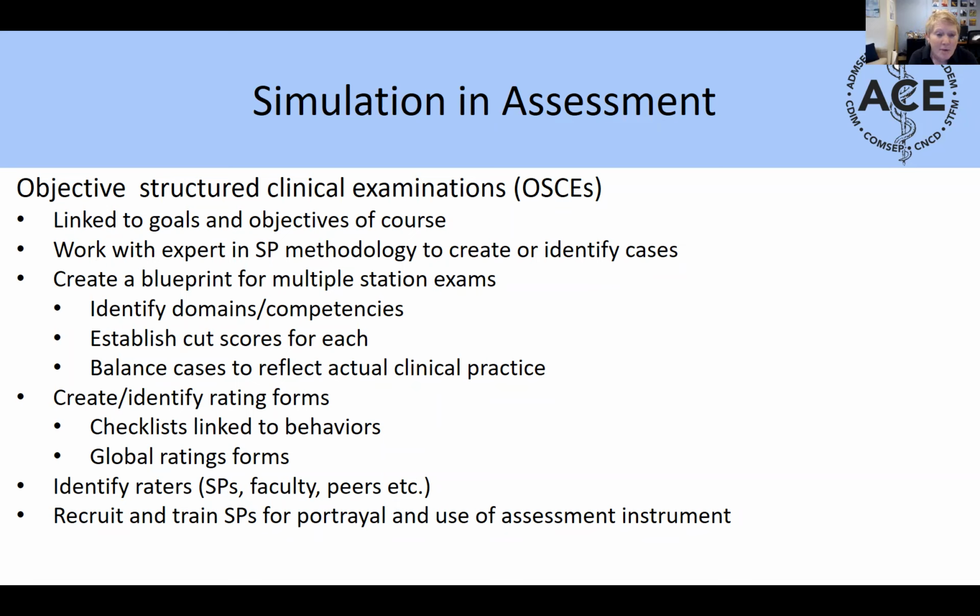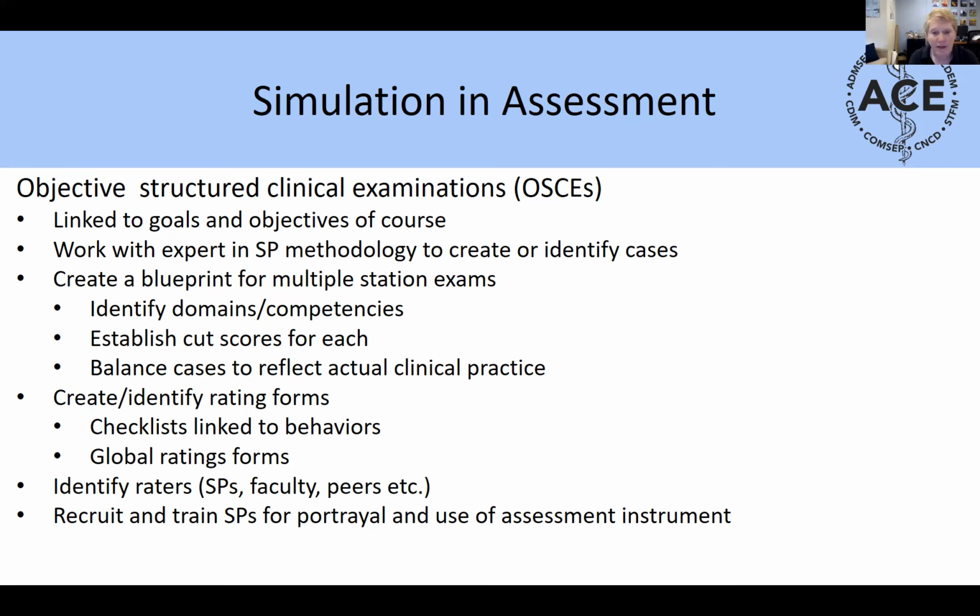This is another observation and assessment of the learner. We link our OSCEs to the goals and objectives of the course or clerkship. Our clerkship directors and course directors work very closely with the SPs to create and identify cases. And this is an ongoing process.